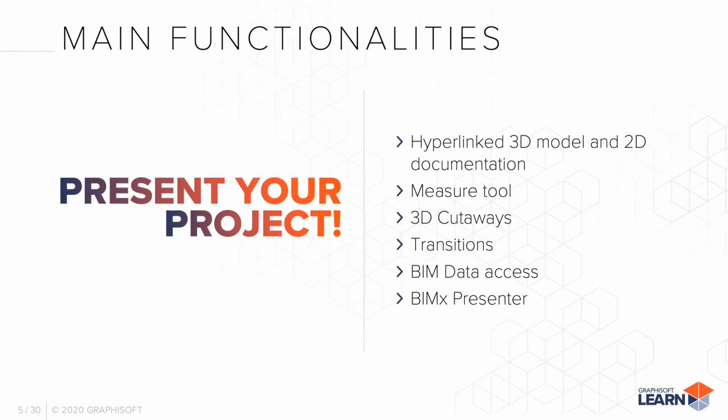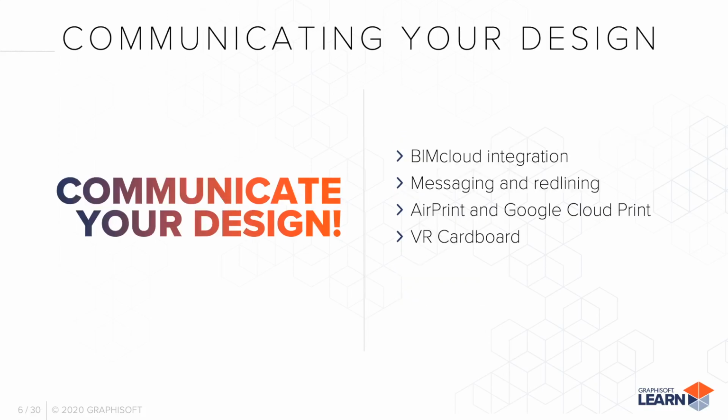So yeah, let's continue to some little more advanced functionalities that can help you communicate your design. On one hand, if you are working in a team using BIM Cloud in your ArchiCAD project, that means that you have a lot of stakeholders inside your company and ultimately outside your company as well.